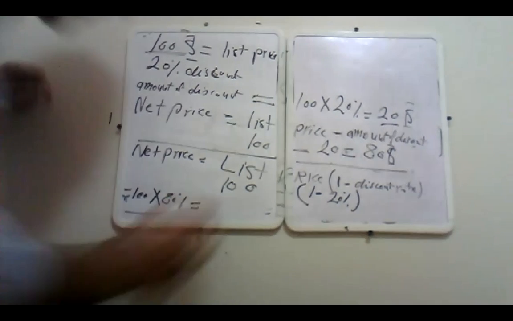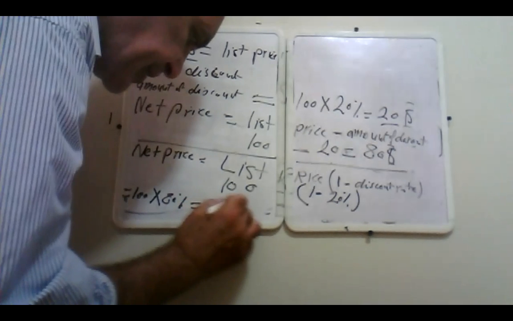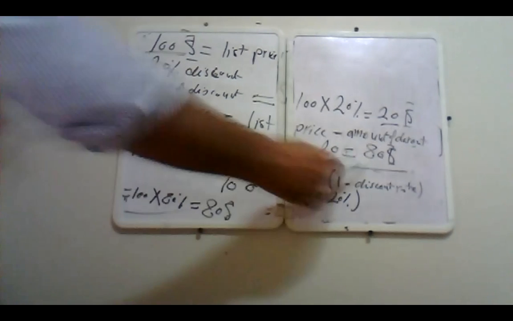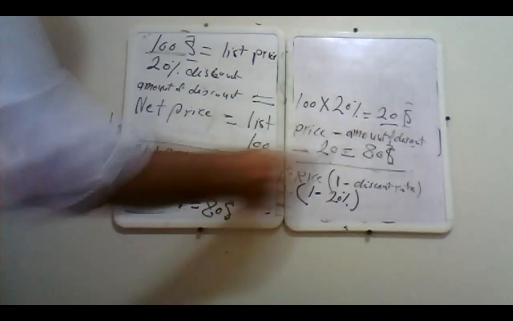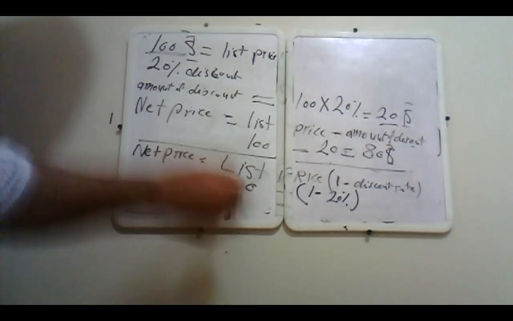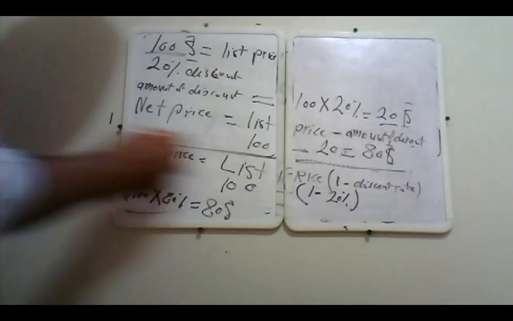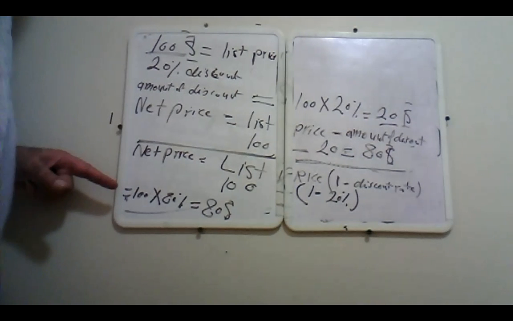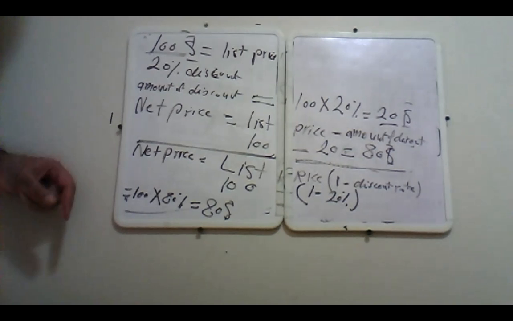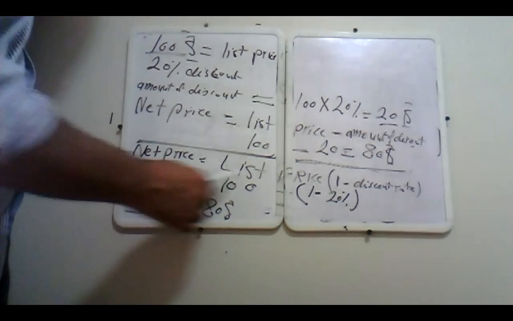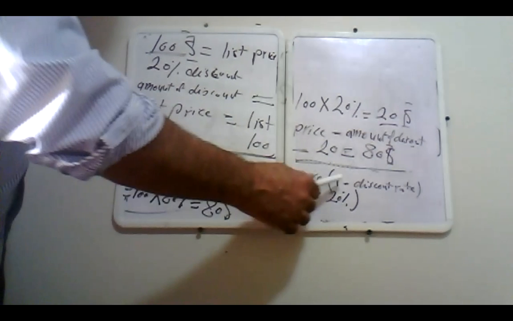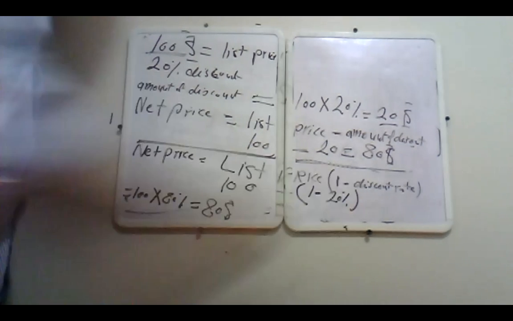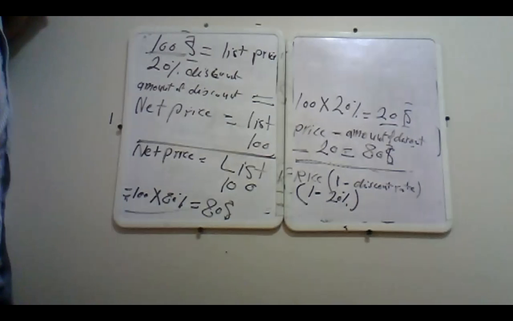So this will give me $80, which is the same solution which I got in two steps here. After this line, I made another alternate, so that I can do the two steps in only one step: the net price equals the list price multiplied by 1 minus the discount. Great, that's fine.